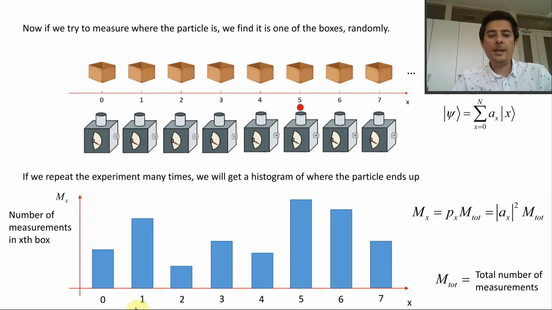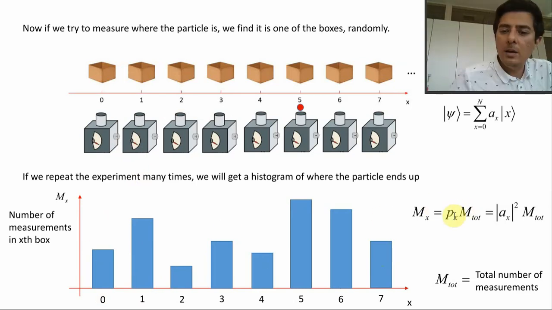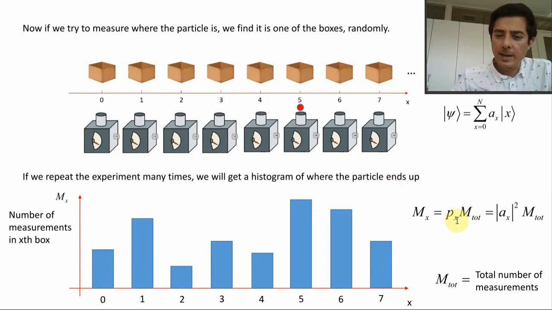If you repeated this 1,000 times, some proportion of that would be in box number 0 or 1 and so forth. The number of counts would be proportional to the probability as predicted from quantum mechanics.